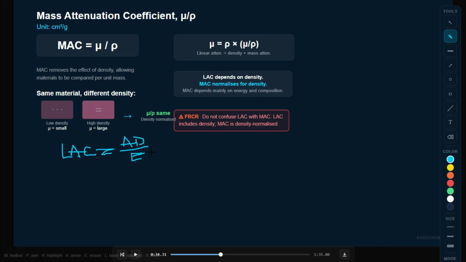Since the mass attenuation coefficient cancels out the impact of density, everything will appear equal, because it cancelled out the density effect.